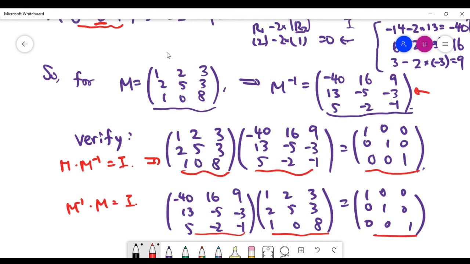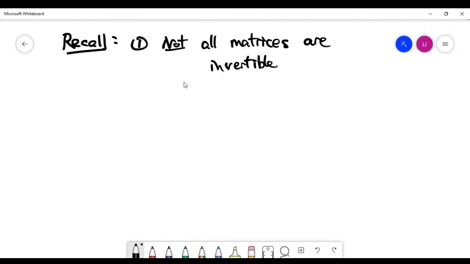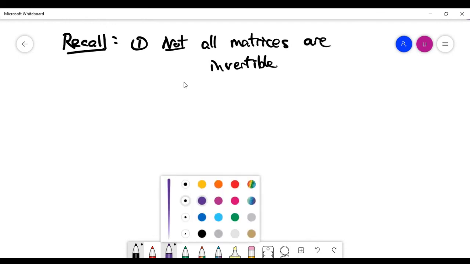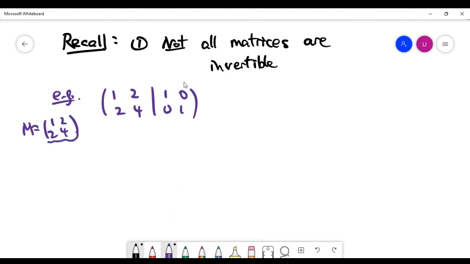And let me make a final note here. The first note is something you have to recall: not all matrices are invertible, which means that sometimes the inverse does not exist. So if we use this row operation process to try to get the inverse for a matrix which is not invertible, can you imagine what's happening? To put it simply, I give you a matrix with 1, 2 in the first row and 2, 4 in the second row.